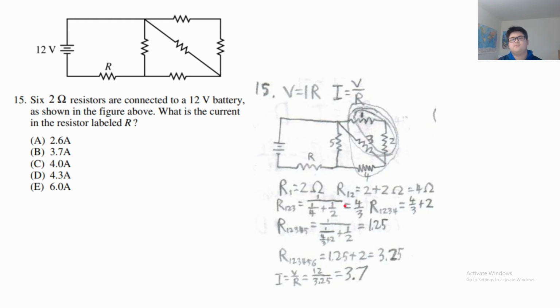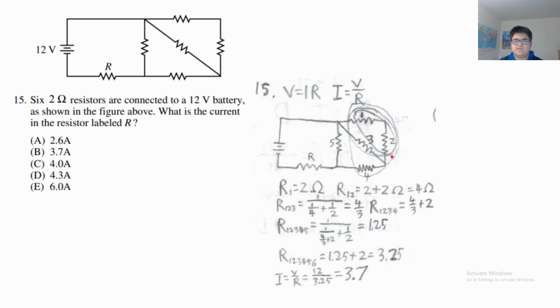Anyway, first let's assign numbers to the resistors: resistor 1, 2, 3, 4, and 5. Now resistors 1 and 2 are in series, so let's find the equivalent resistance of these two resistors, that is 4 ohms. Now resistors 1 and 2, let's just call that resistor 1,2.